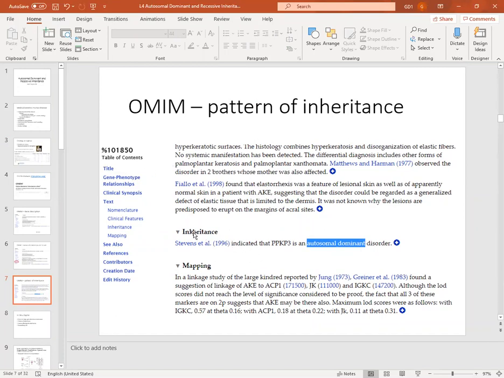You see here, the inheritance pattern is a very simple phrase that indicates the gene related with the disease is related with an autosomal dominant disorder. Autosomal, not X chromosome, and dominant is not recessive, right? So using that information is very valuable for making a diagnosis, or at least estimating the risk to the next generation.